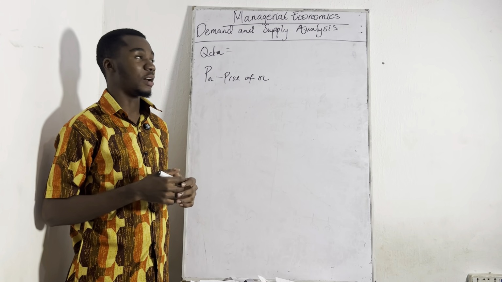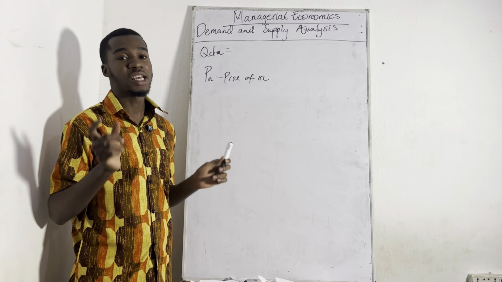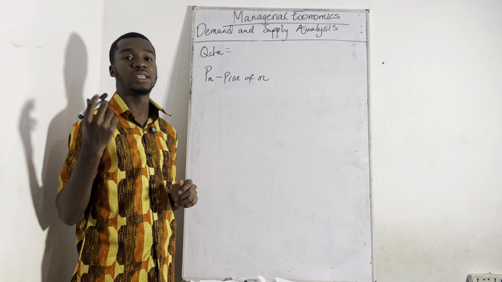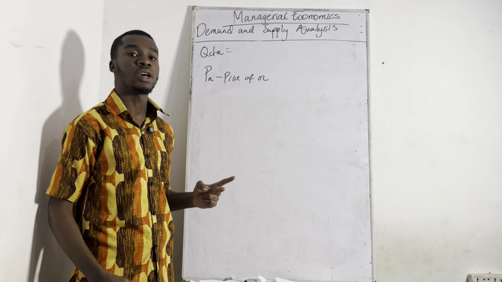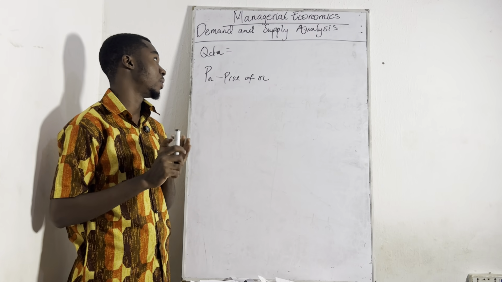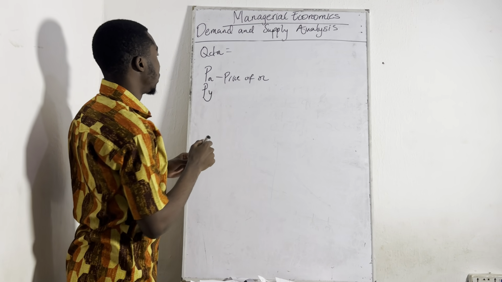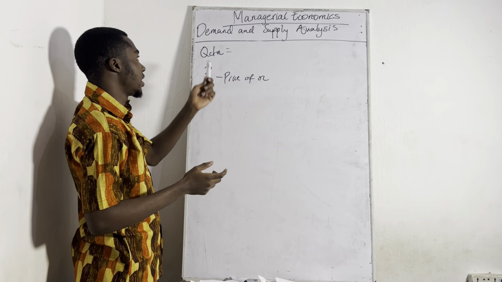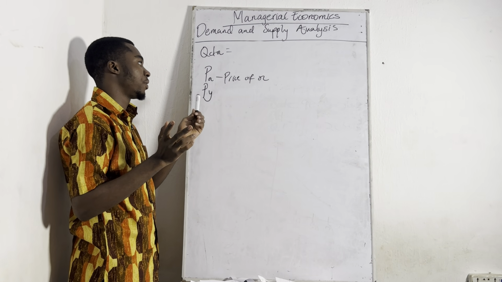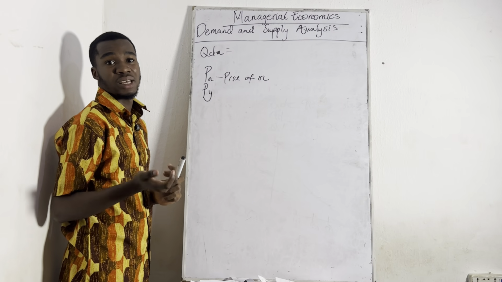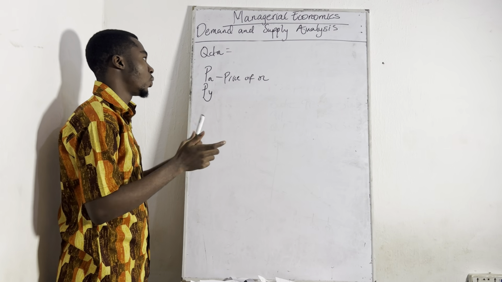Now another thing that could affect demand is the price of related products, and there are two things we talk about: substitutes and complements. I'll call it PY, showing that we are not talking about X. X is a particular product, maybe cowbell, but the price of another product, Y, could also affect it.